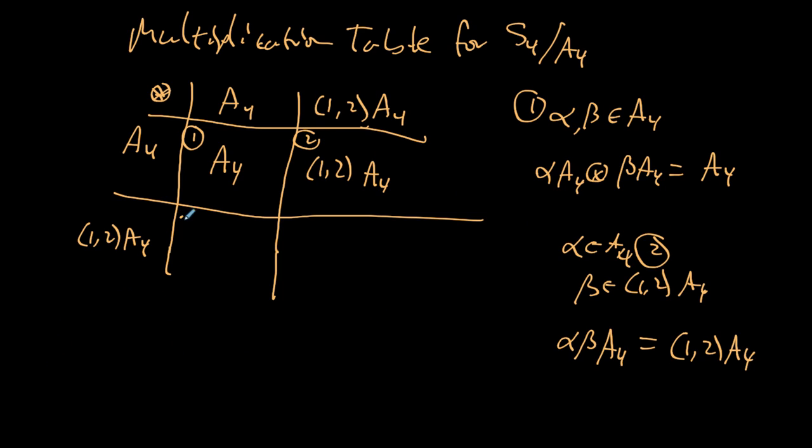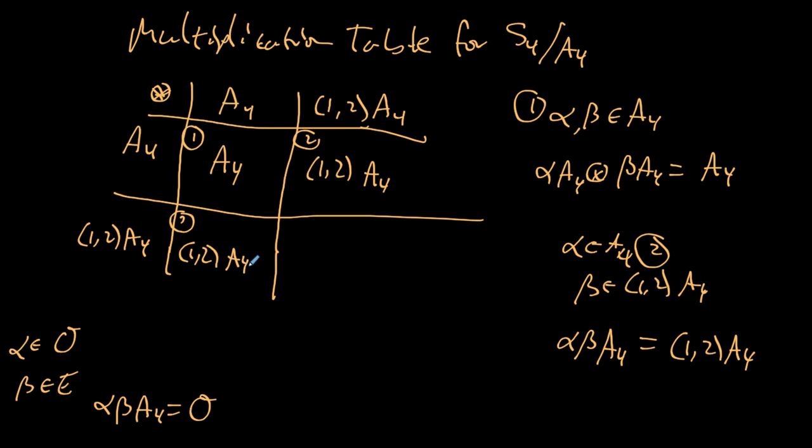If we look at this box, we're going to want alpha to be in the odd set, and beta is going to be in the even set. And when we do that, alpha beta times A4 turned out to be all of the odd cases. So this winds up being the odd coset again, and so this was case 3.